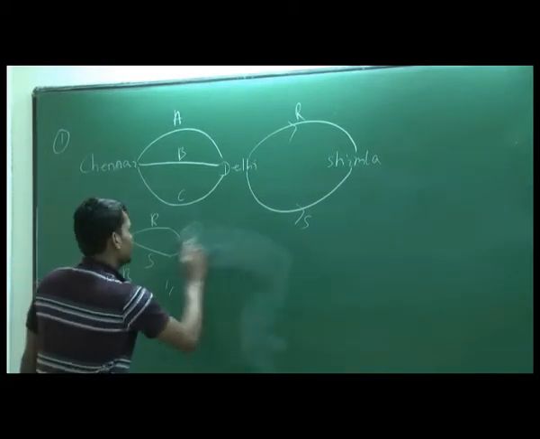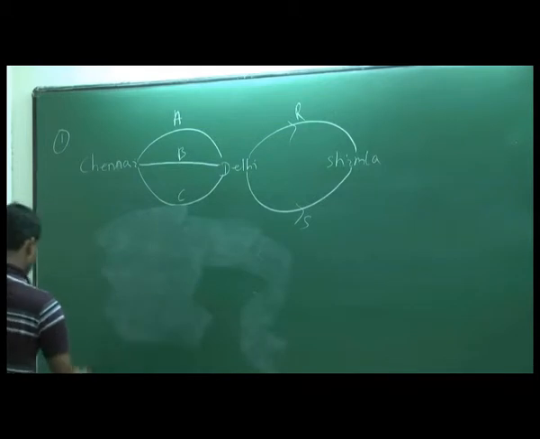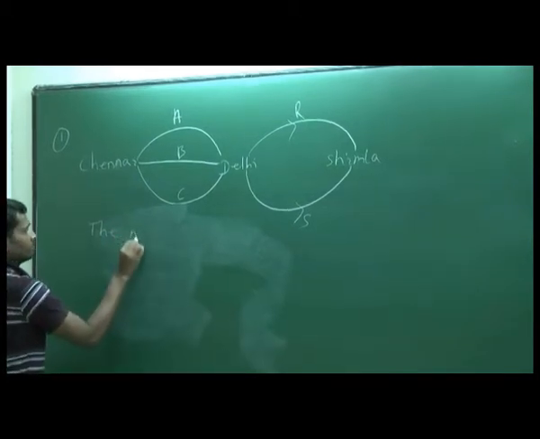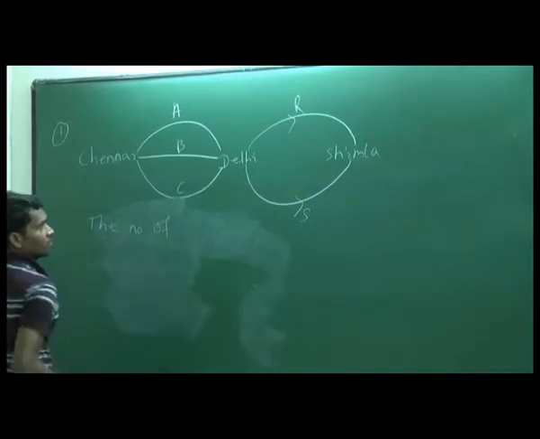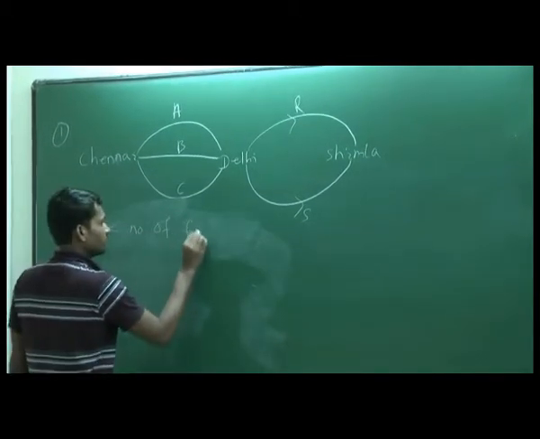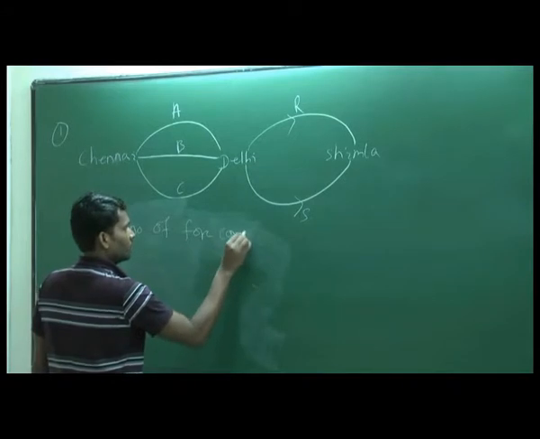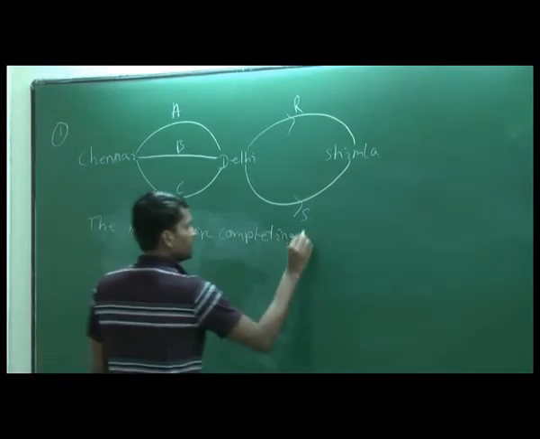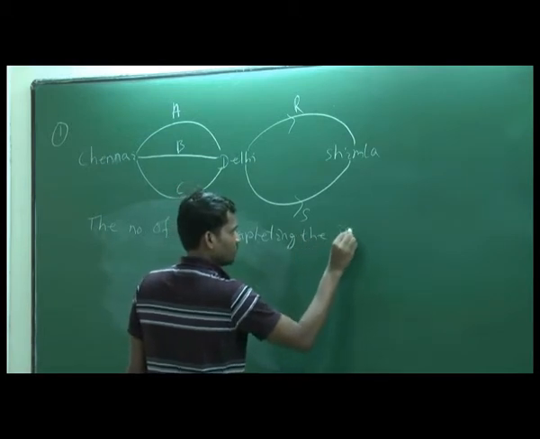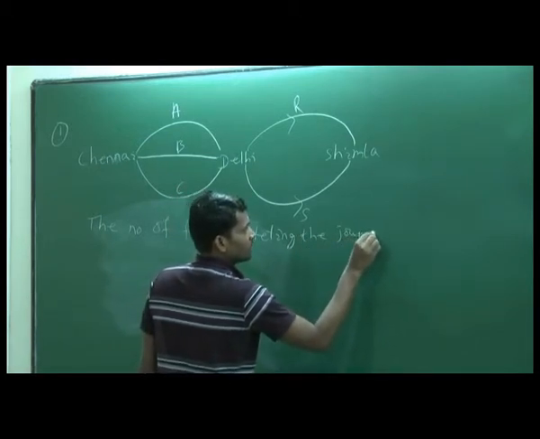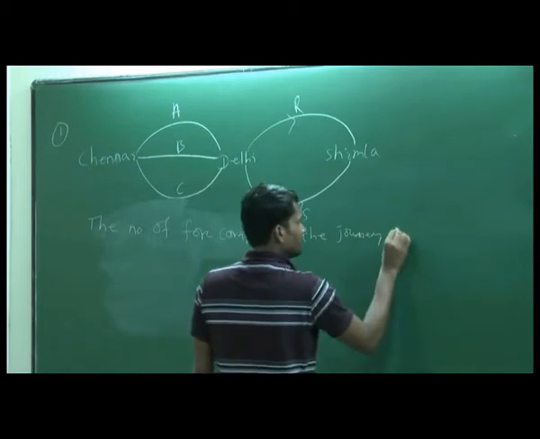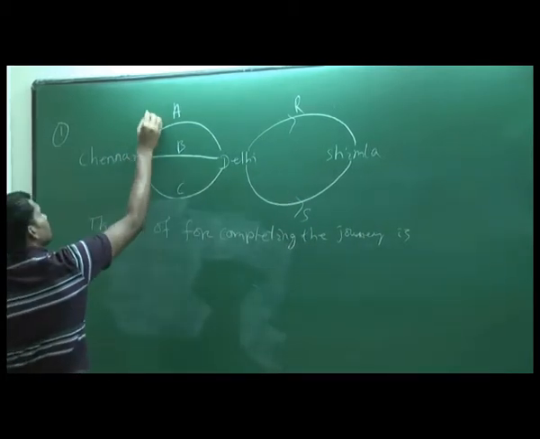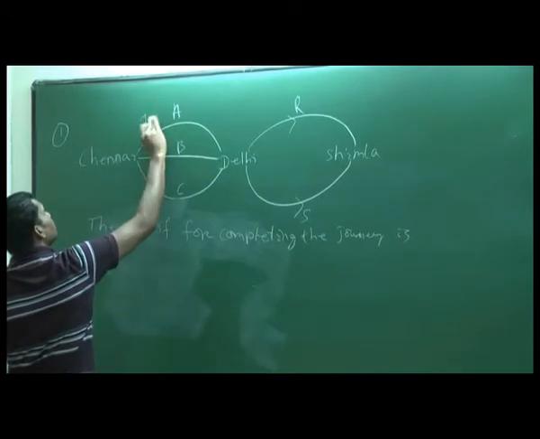So we can write the number of ways for completing the journey. Suppose we call this task 1 or T1.